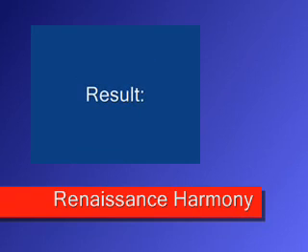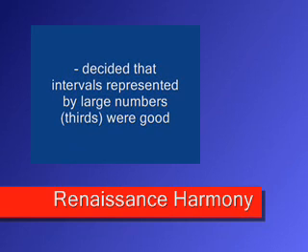In fact, there was a vast difference between the medieval concept of harmony and the Renaissance concept of harmony because of this. Since Renaissance musicians were not looking at numerical ratios, and since ratios like 200-something to 300-something were not a factor in their decision, they decided that combinations of notes that we call thirds were good.